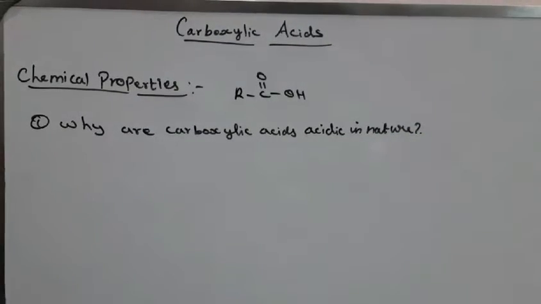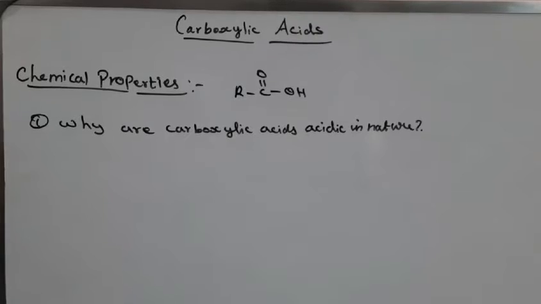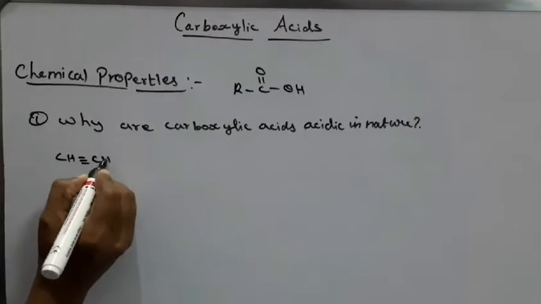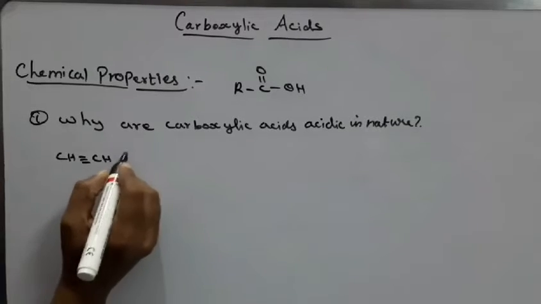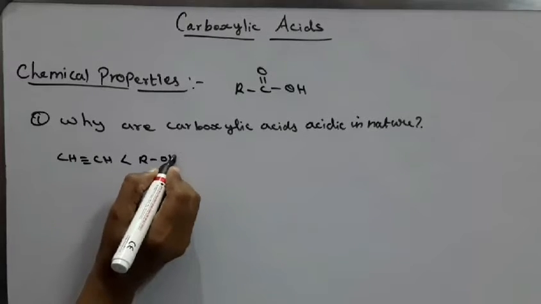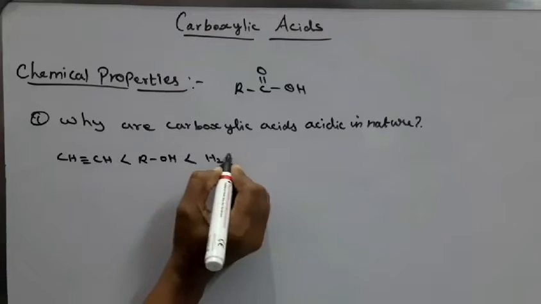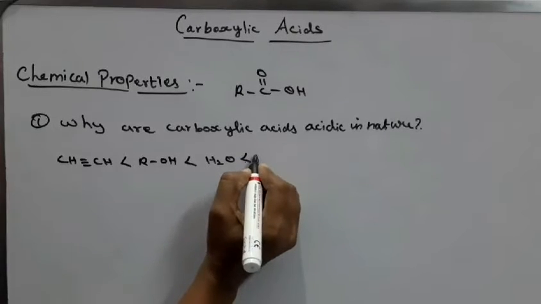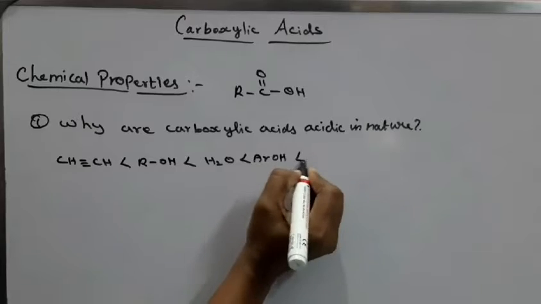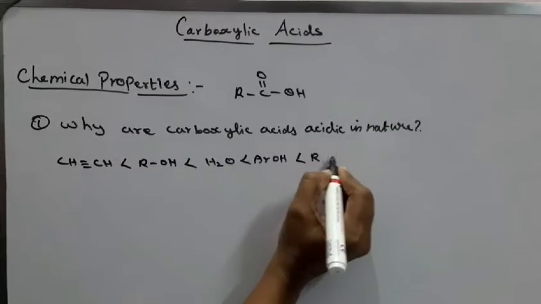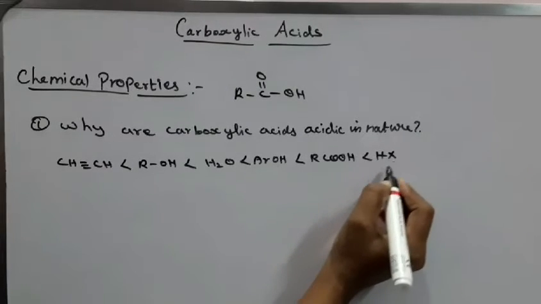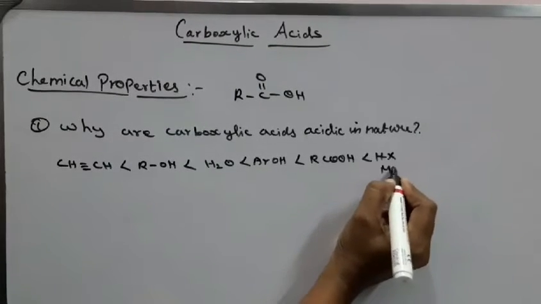Here, the least acidic one, as we very well know, is the alkyne, CH triple bond CH. That is the alkyne group. It is the least acidic, less than alcohol, less than water, less than aryl alcohol or phenol, less than COOH, less than HX. So this is more acidic.